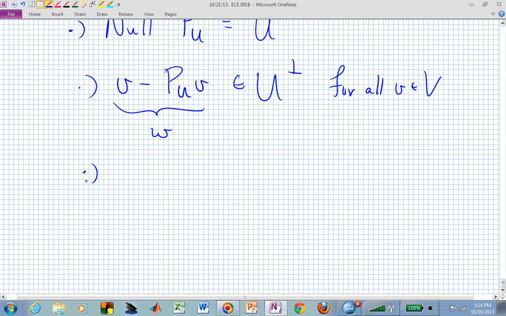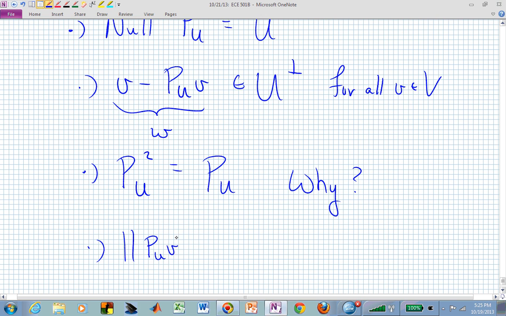Another property: we're listing a lot of properties, but these are very powerful. If we project into U twice, that doesn't do anything more than projecting onto U one time, because the projection operator lives within U once it maps the vectors down.